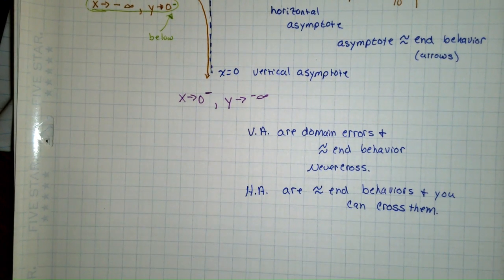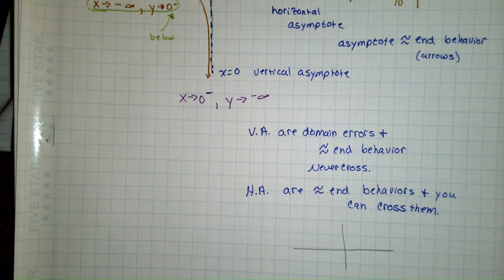So just so you understand what I'm saying, I have seen graphs that have a horizontal asymptote like this, and yet the graph itself did this.